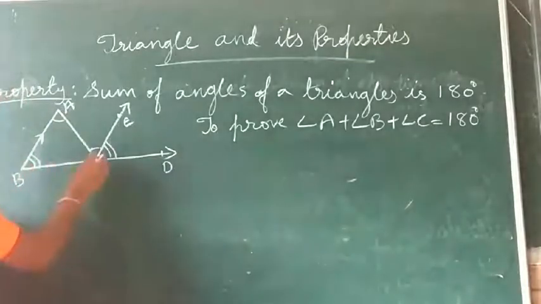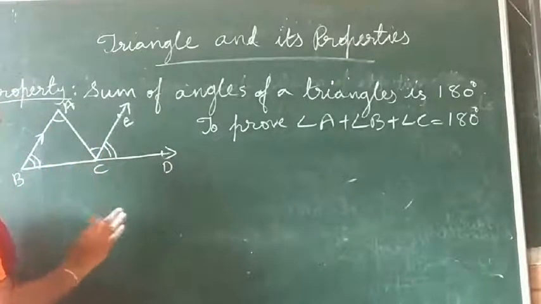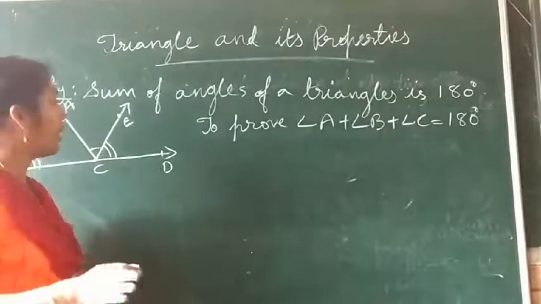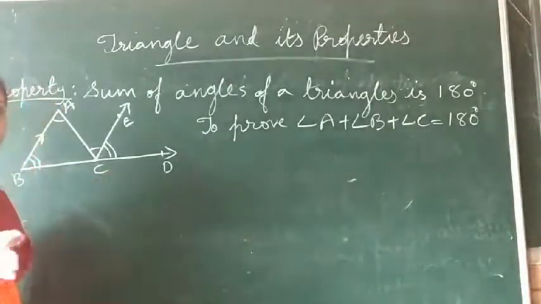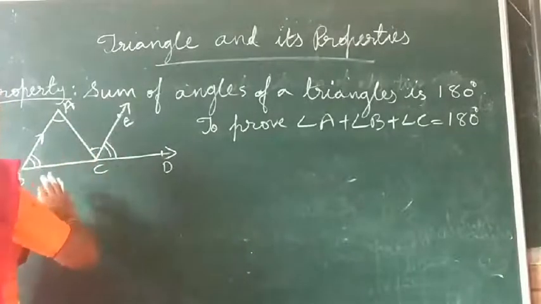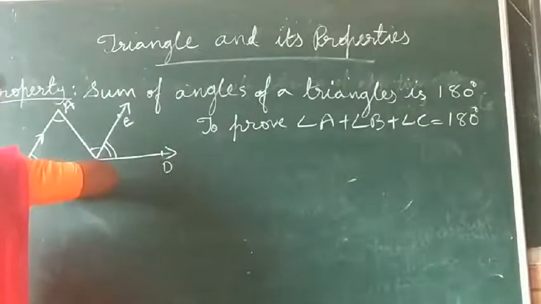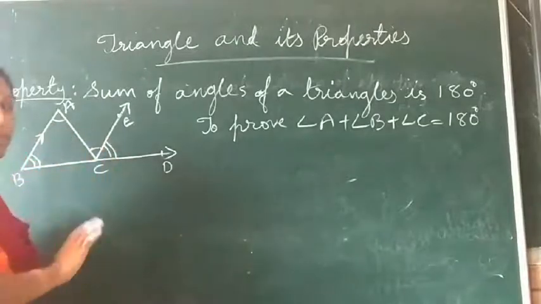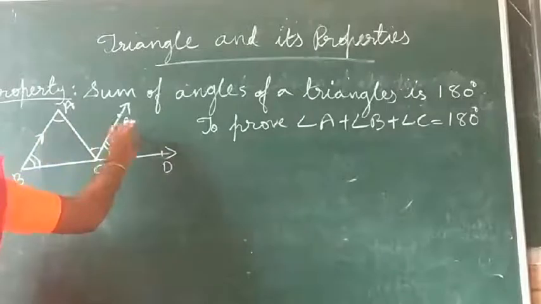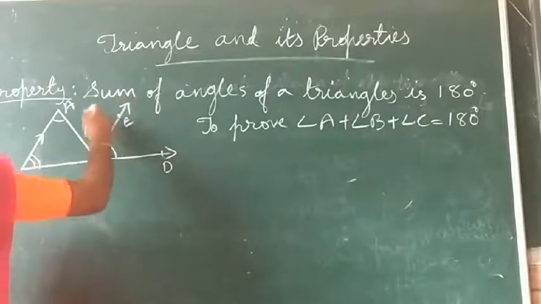Now the given statements here, like in the previous proof in which we proved the exterior angle property, we also consider alternate angles and corresponding angles when the transversals AC and BC are cut on the parallel lines AB and CE respectively. First of all we consider angle A and angle ACE.